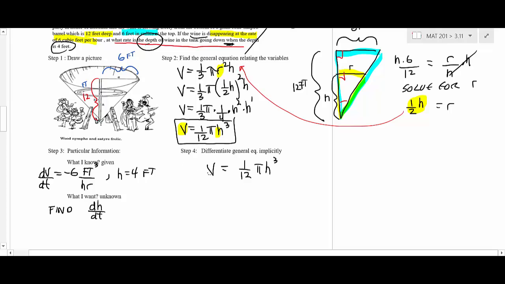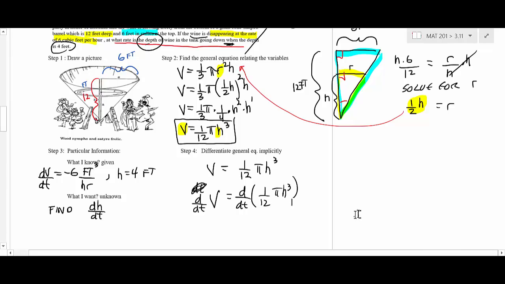And we're going to take the derivative with respect to t of both sides. We're going to find dh over dt. So d/dt of V equals d/dt of 1/12 pi h to the third, like this.